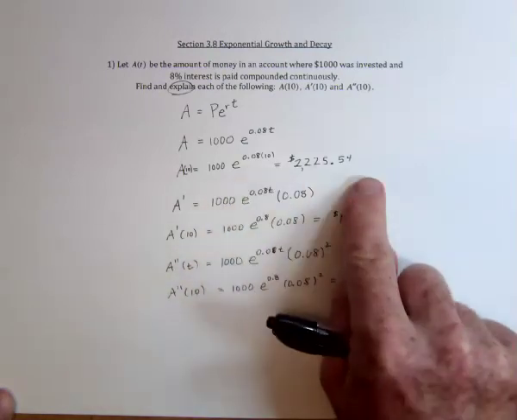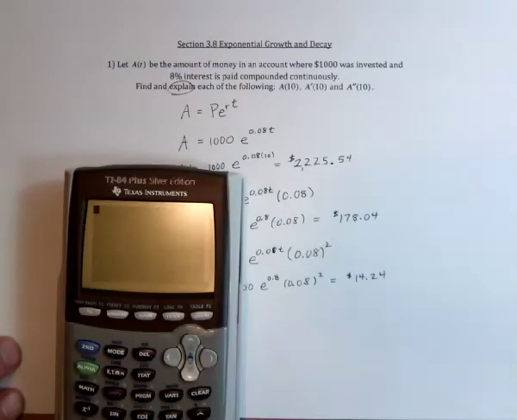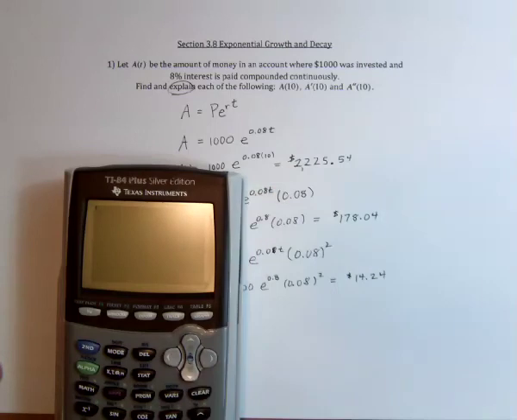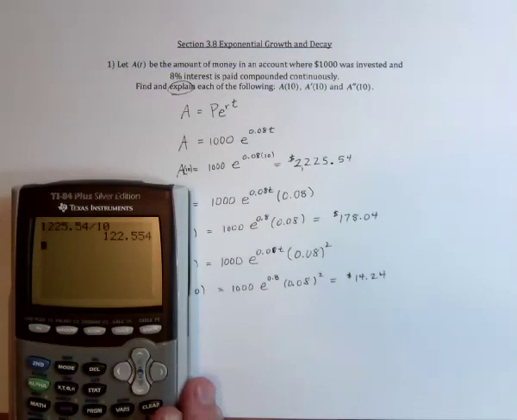Towards the end, it's grown by more than just an average of $1,200. So what I'm trying to say is this, if you subtract the original $1,000, it is a profit of $1,225, but it took 10 years to do it. That means that it was an average of $122.